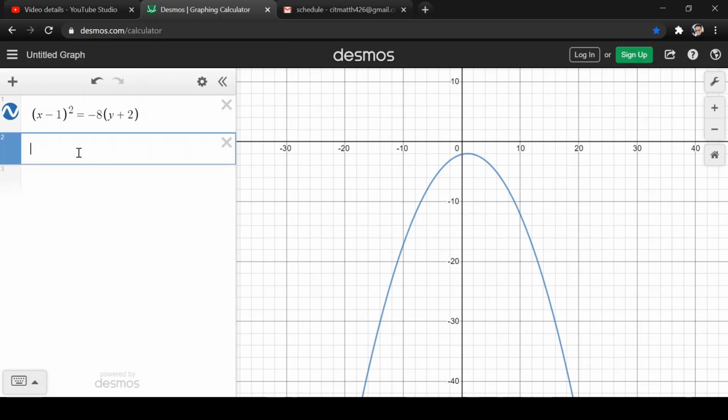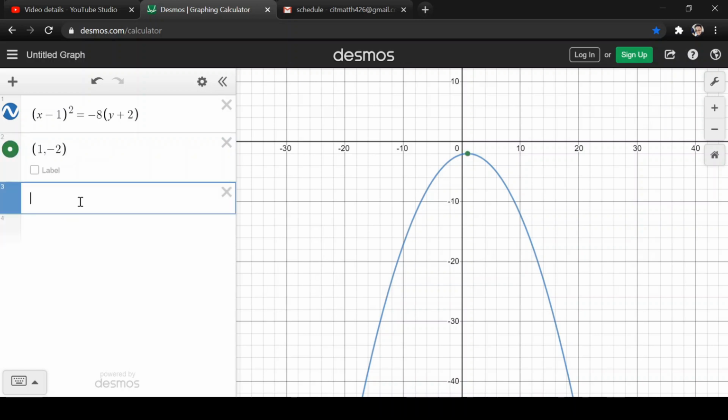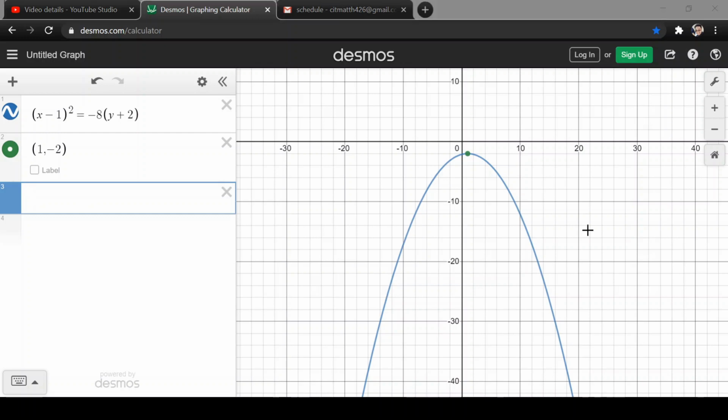Our vertex is (1, negative 2). So that's our vertex. Our focus is (1, negative 4). So let's type 1, negative 4.